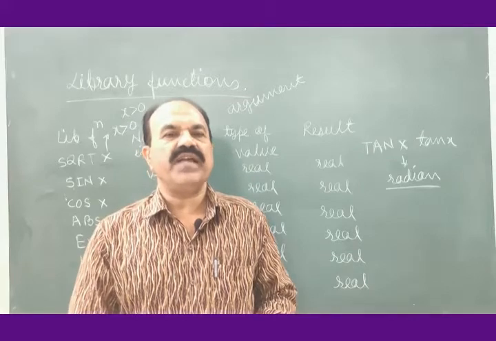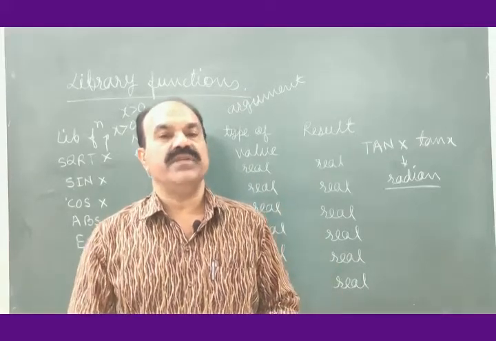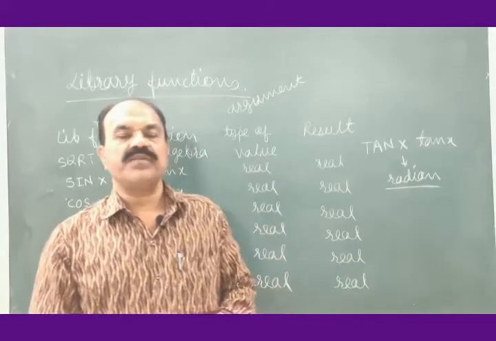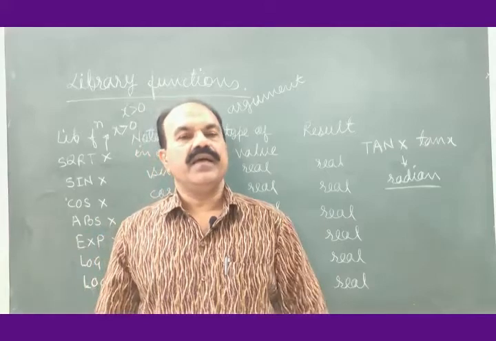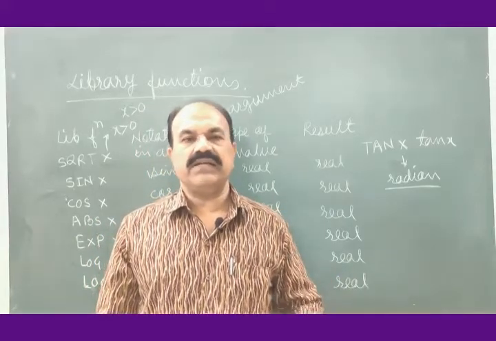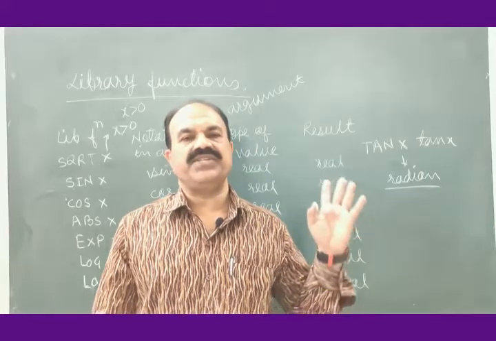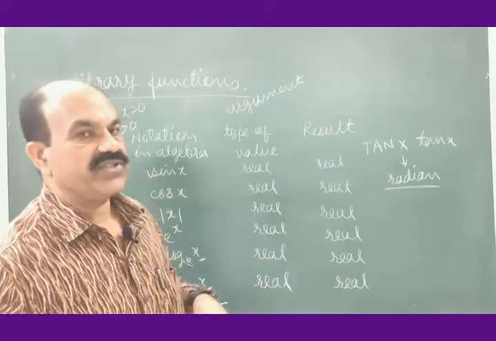We need to provide only the proper argument. If we provide a proper argument, these mathematical operations will be executed automatically by the compiler and we will get the required result. These are some library functions.